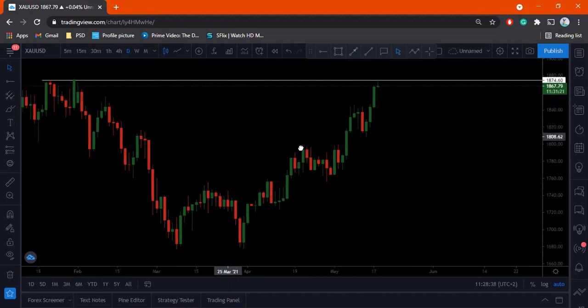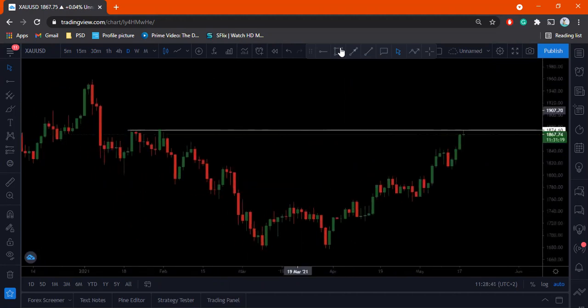Remember, we're not only looking for sells, we're also looking for buys, because price could break out. So for buys, if price does break out today, I would expect it to give us a new high, but it will still come back to retest before it goes higher.